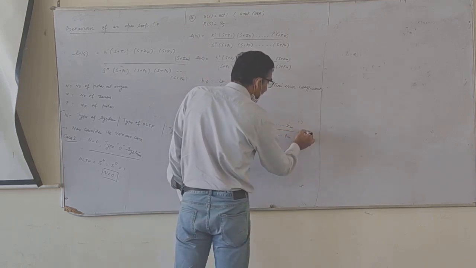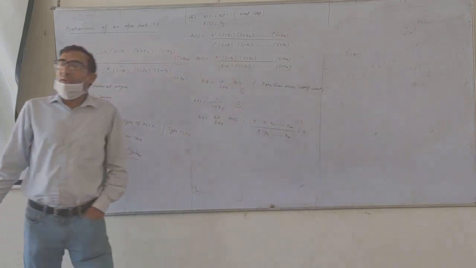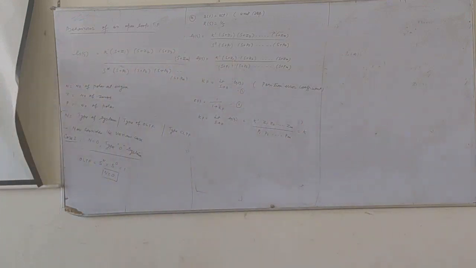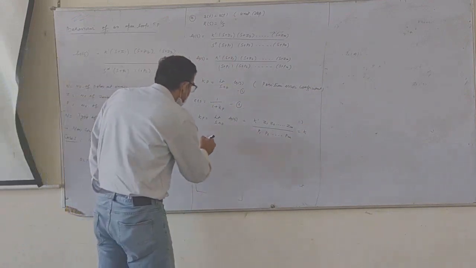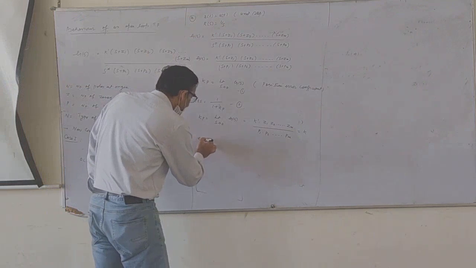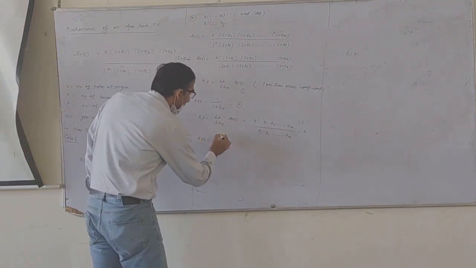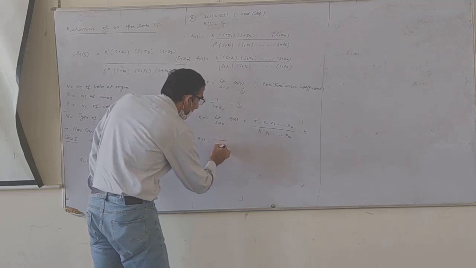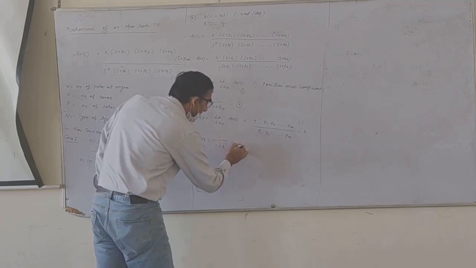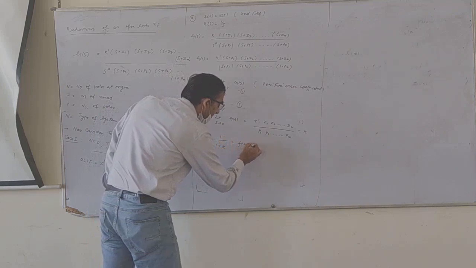This whole term is all constants, so it will be equal to some value, a constant K. So the steady state error ESS will be 1 upon 1 plus K, and definitely this is going to be a finite value.